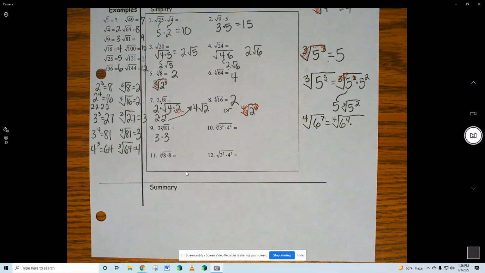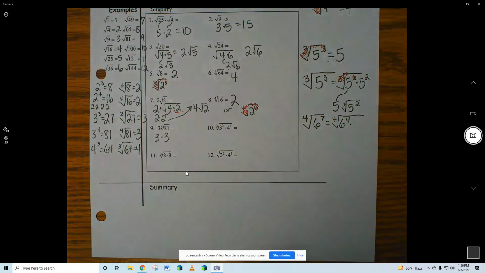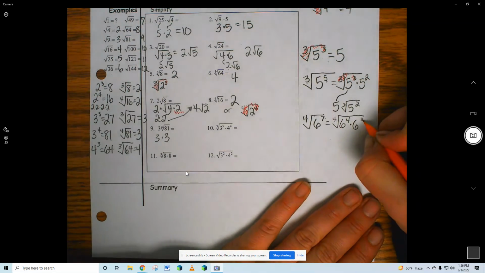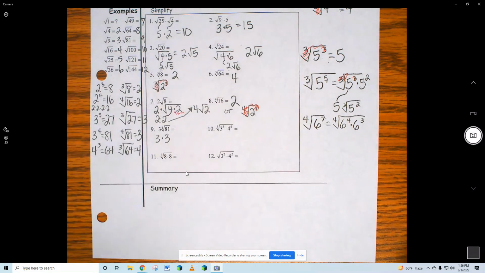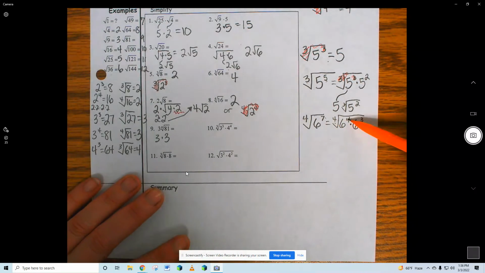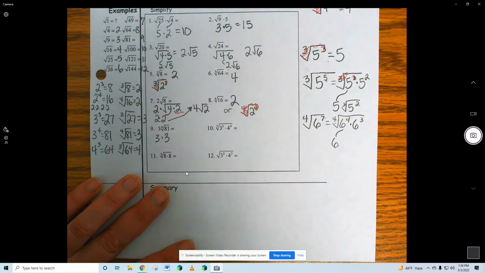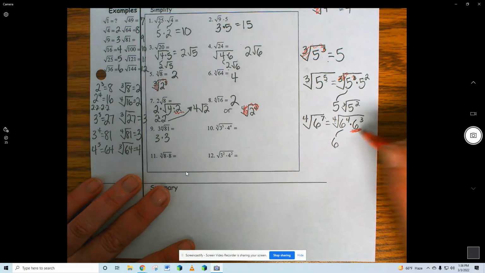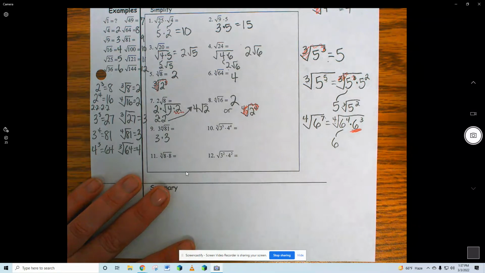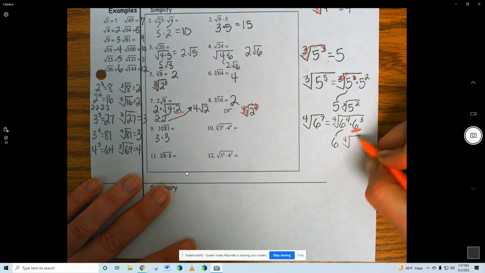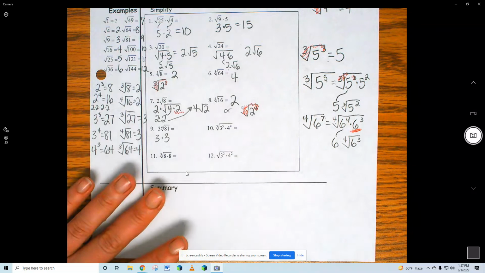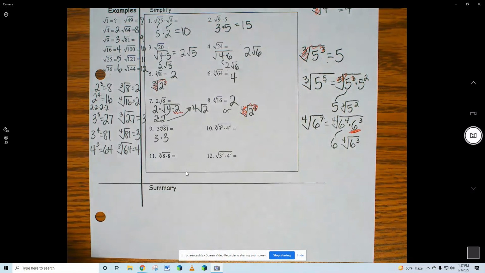Because I want 4, 5, 6, 7. There's 3 more still. So I'll do 6 cubed. Because these 4s match up, I get to take the 6 out. Still under is this 6 cubed, though. 6 times the 4th root of 6 cubed.